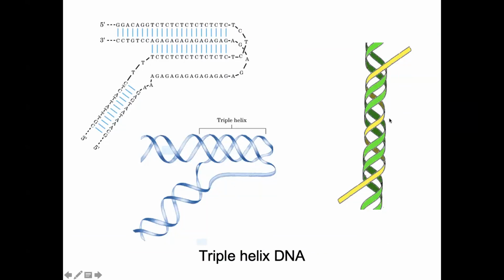So it's essentially B DNA, the two green ribbons, and then you have that major groove within which you can wrap a third single strand of DNA. And you can get base pair interactions, hydrogen bonds forming between all three bases within that triple helical region to stabilize the complex.